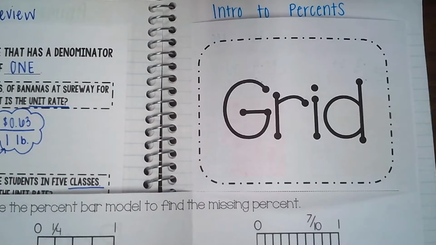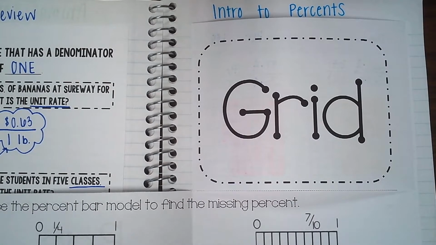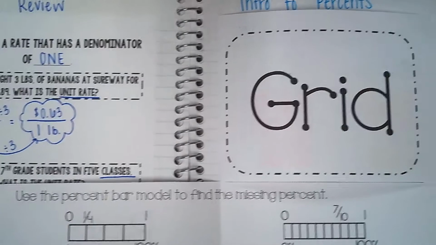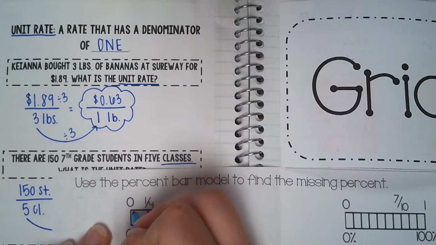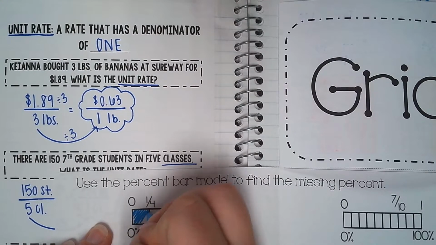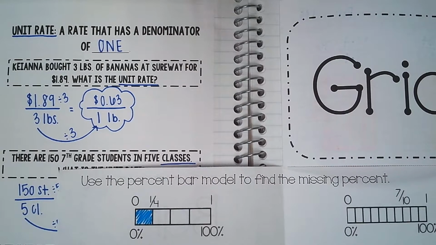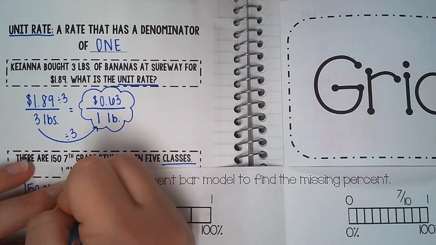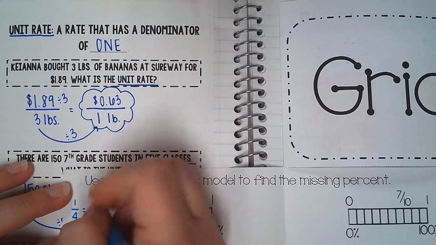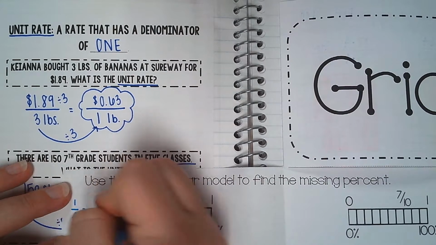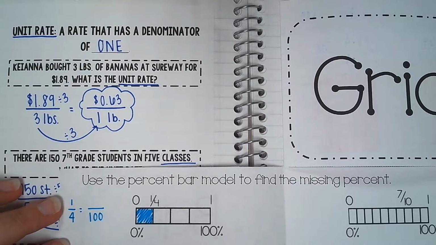Use the percent bar model to find the missing percent. Okay, so what we're looking at is they want 1/4 shaded in. Well, I know that we have 1/4, and to find a percent, I need that to be out of 100, per 100.